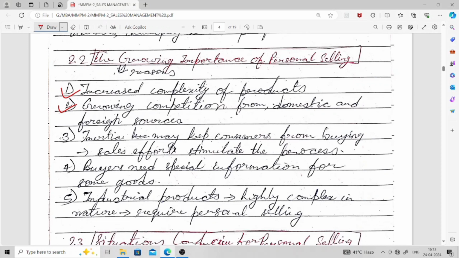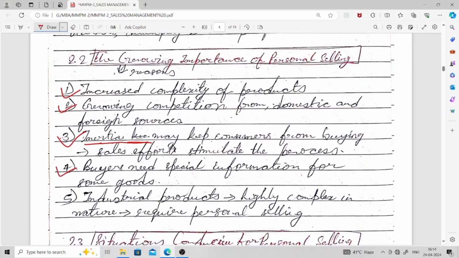Third given: inertia may keep consumers from buying. Sales efforts stimulate the process. There are many customers who want to buy, but inactiveness makes them not buy. So sales efforts stimulate the process to buy.